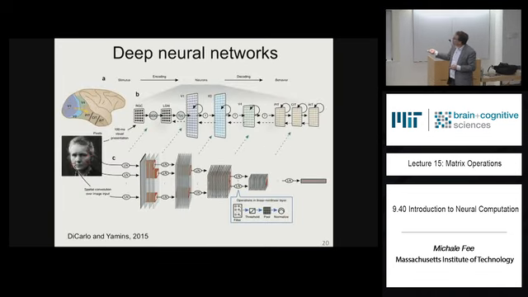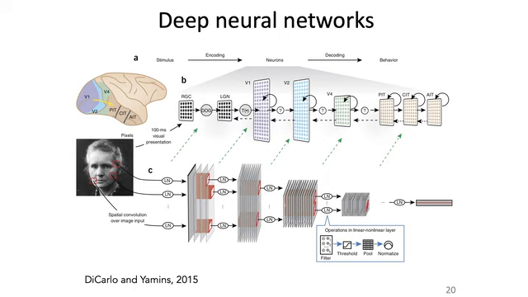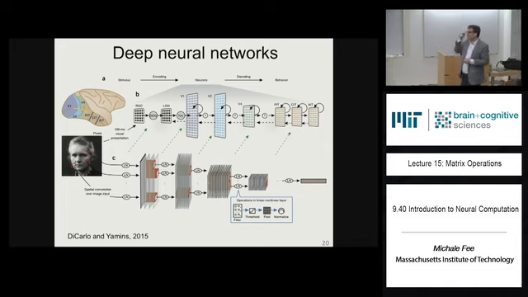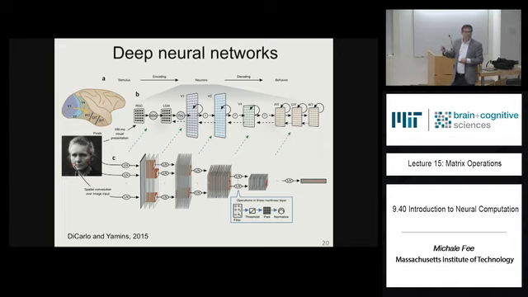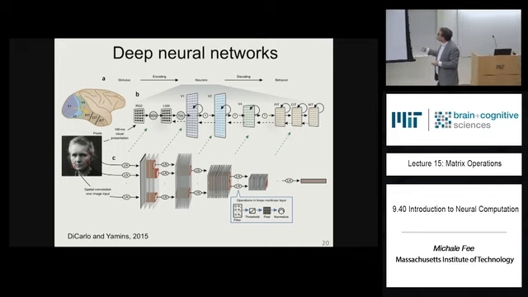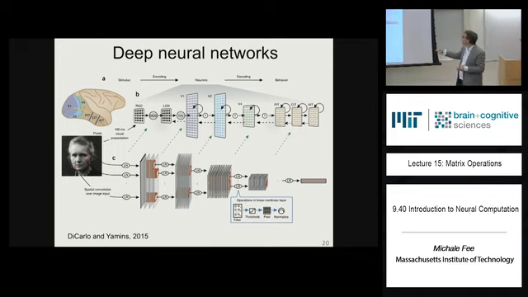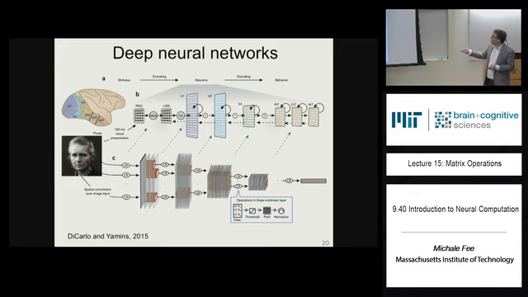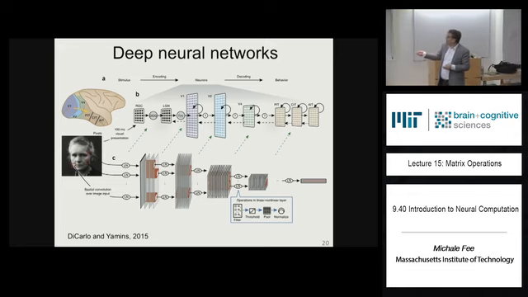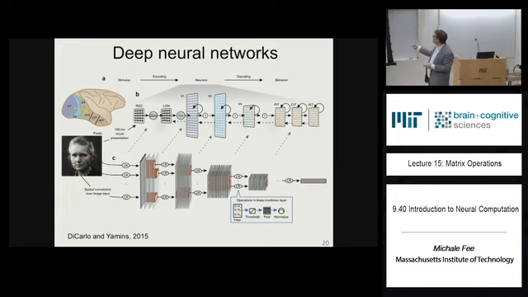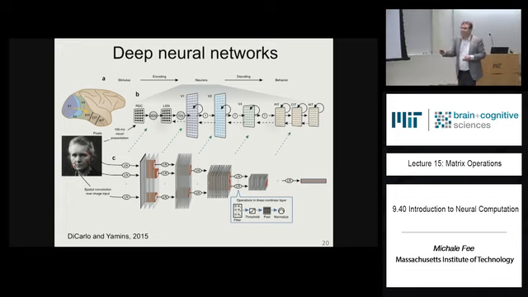Okay, so this is work from Jim DiCarlo's lab, where they found evidence that networks in the brain that do image classification, for example in the visual pathway, look a lot like very deep neural networks, where you have the retina on the left side here sending inputs to another layer in the thalamus, sending inputs to V1, to V2, to V4, and so on up to IT.